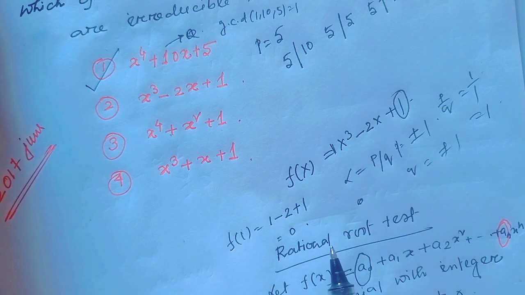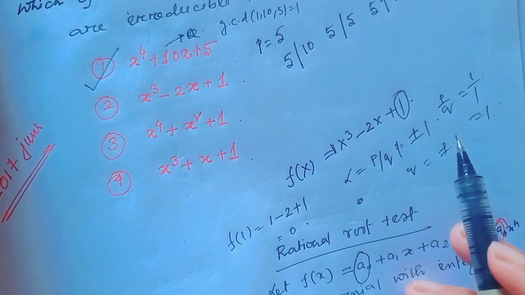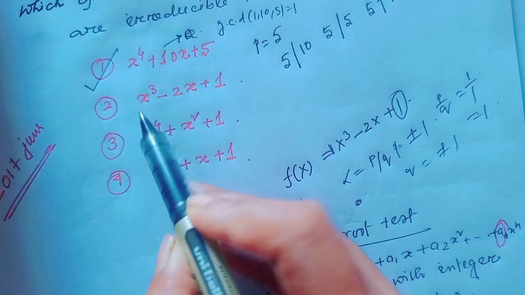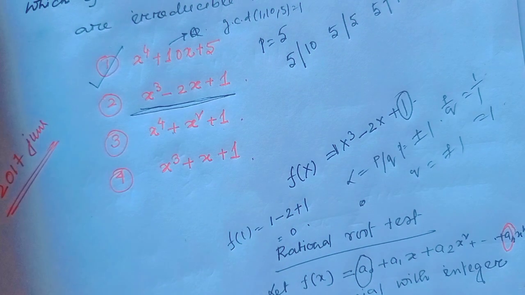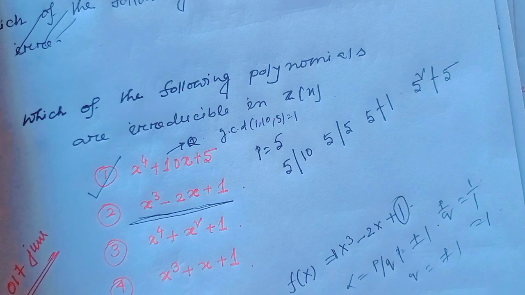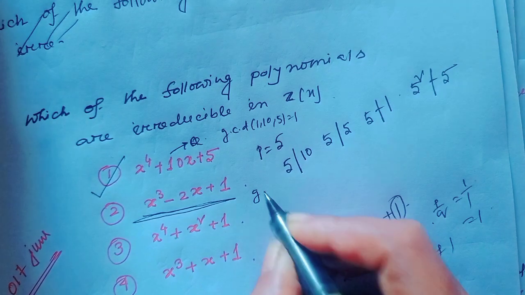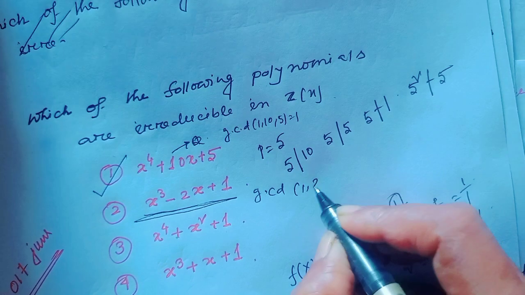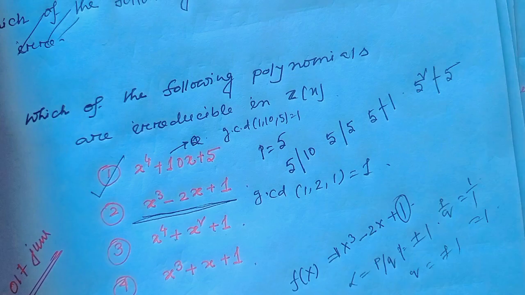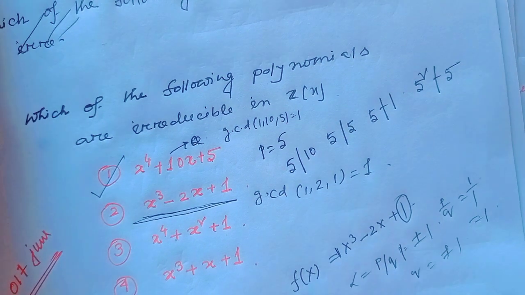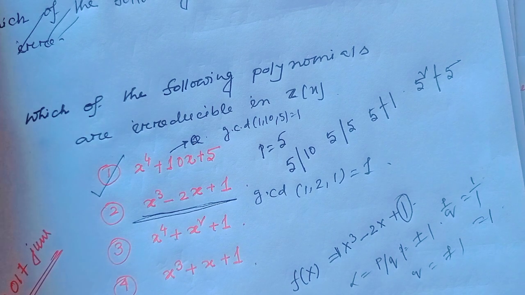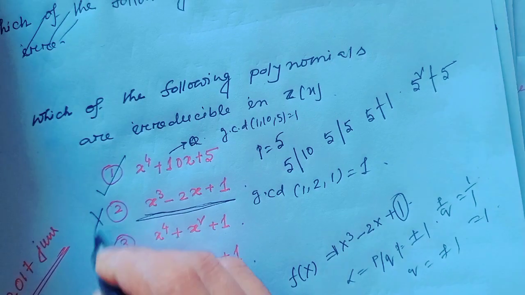Since 1 is a root, by the rational root test we can tell this polynomial is reducible in Q[x]. And since GCD of 1, 2, 1 equals 1, this polynomial is primitive, so that implies this is reducible in Z[x] also. So option 2 is a wrong option.